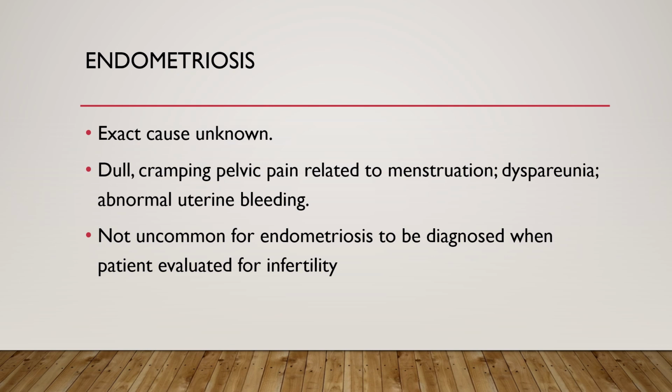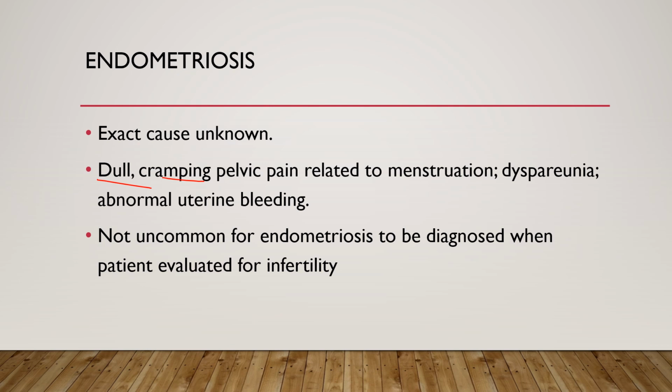We don't really know why it all happens, but we know it does. The exact cause of it is unknown, but look for dull, cramping, pelvic pain. And it's related to their menstrual cycle.